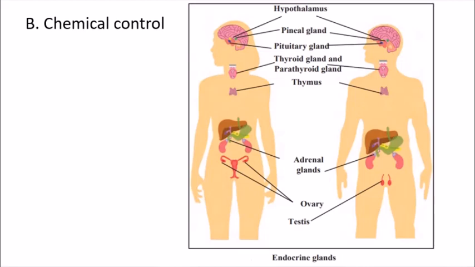Now, the endocrine glands along with the nervous system are both responsible for control and coordination in our body. Now, these two systems help the body to control and integrate our activities. And the difference between these two systems is that nerve impulses are fast but short lived, because as soon as someone pinches you, it suddenly goes and then it is over.